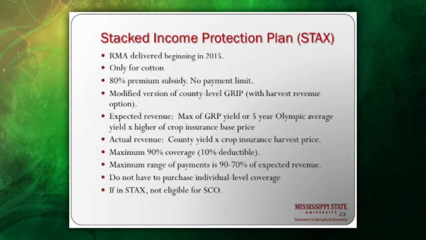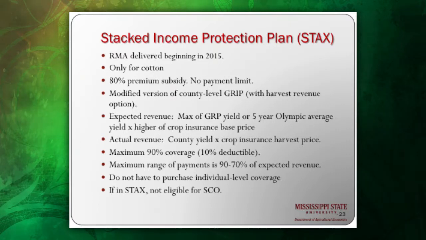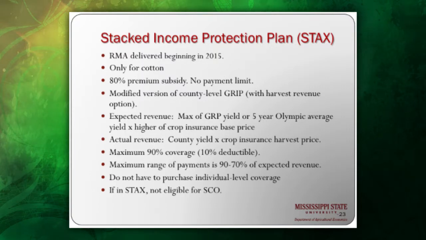Let me talk a little bit more about the Stacked Income Protection Plan because it is a key part of the safety net for cotton producers. This is a program that will be delivered by RMA in 2015. It is only for cotton. It has an 80% premium subsidy and no payment limits on the premium subsidy.